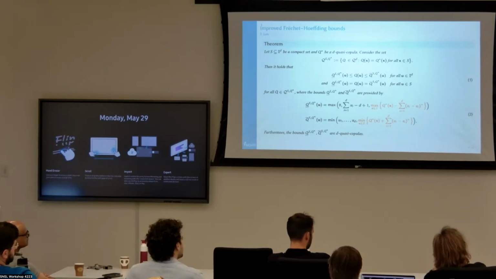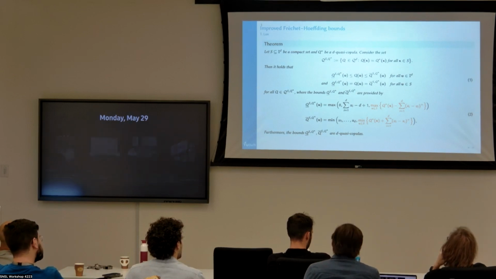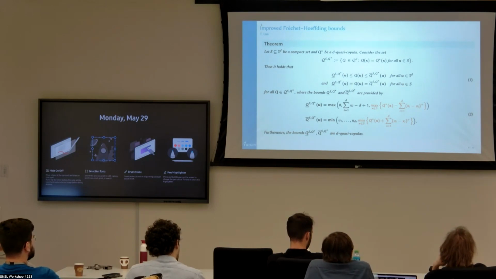So this is like, in dimension 2, the plane where the copula is defined. And then for every point that you take out of this set S, you know the copula. You know that the copula is equal to this value Q star. And there are no too hard requirements on what S is. It doesn't have to be connected or whatever.